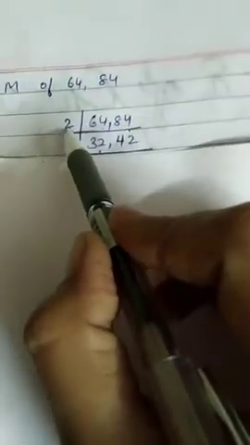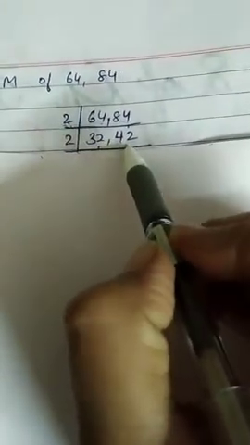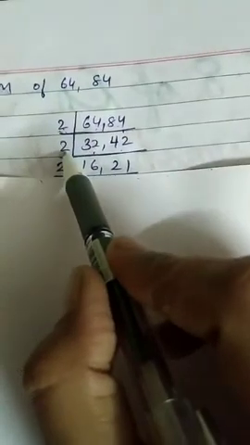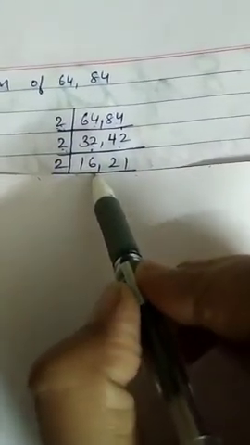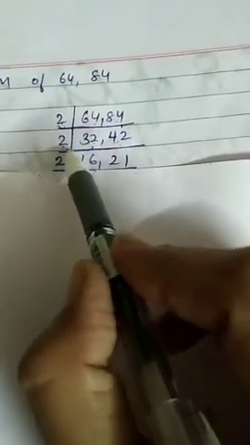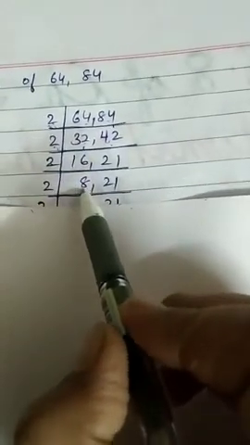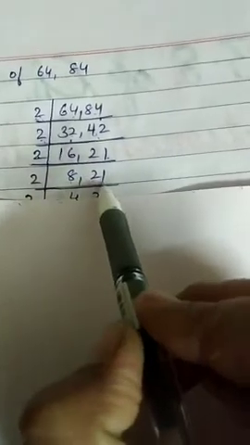Divided by 2, 64 divided by 2, the quotient is 32. 84 is also divided by 2, the quotient is 42. Again divided by 2, 32 divided by 2 is 16. 42 divided by 2 is 21. Divided by 2, 16 divided by 2 is 8. 21 is an odd number which is not divided by 2, so it is written the same, 21.